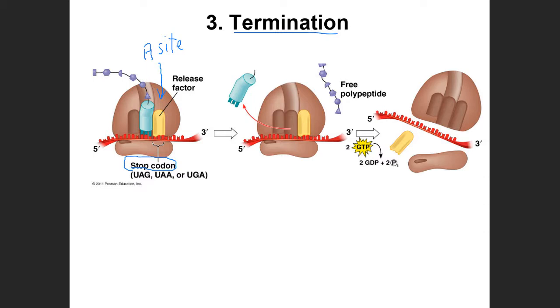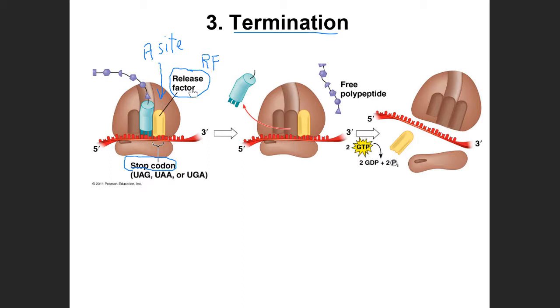Instead, it's a protein called release factor that often goes by the abbreviation RF, or if it's in eukaryotes, they call it eRF. I'll just call it RF for the test. In prokaryotes, it's just called RF. In eukaryotes, it's called eRF.